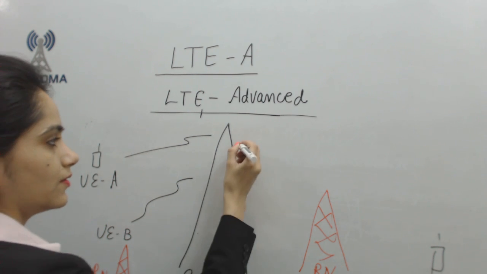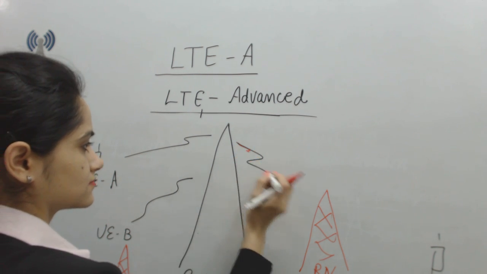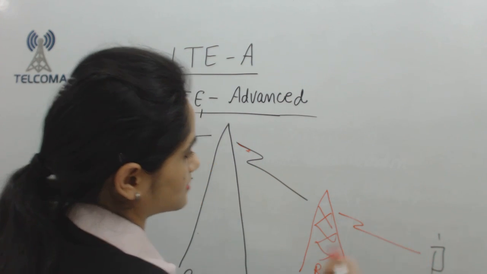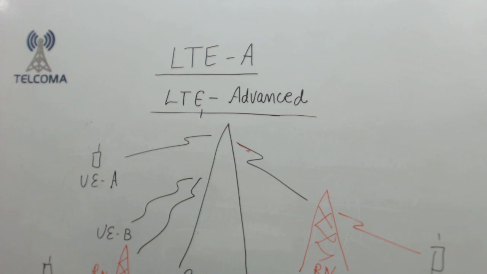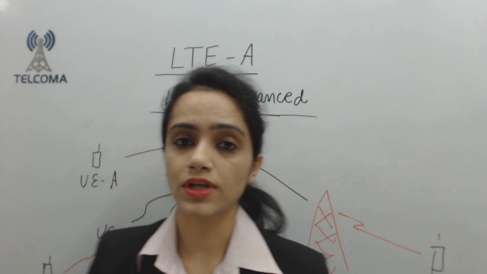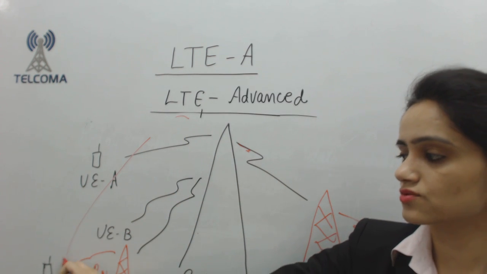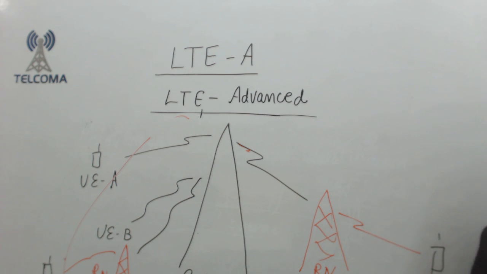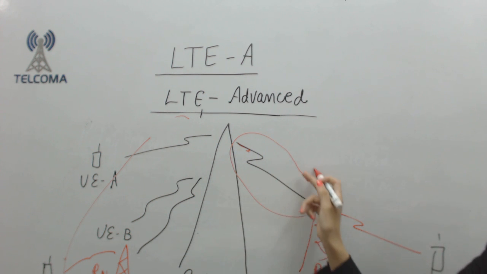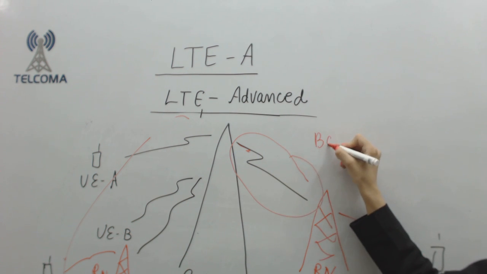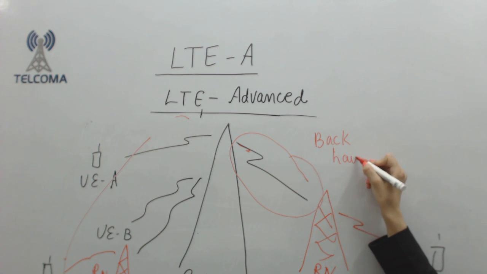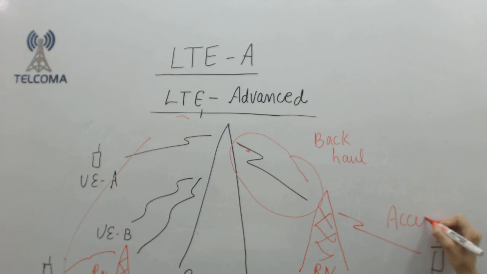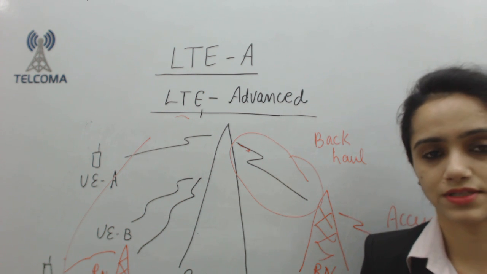It is transmitting, forwarding the signal, so that we can improve the data throughput at the cell boundary. The performance for this UE is very poor, so we require to increase it. This is my backhaul link, and this one is my access link for this user equipment.